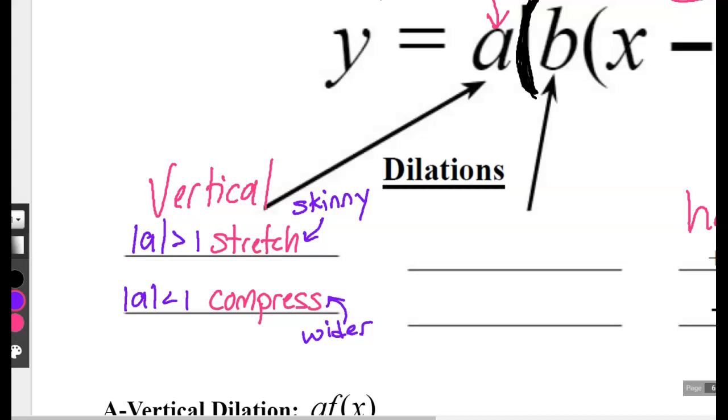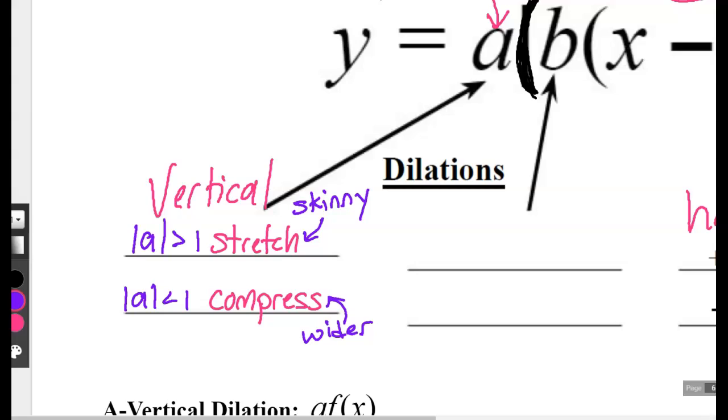Now, can anyone take a guess, a stab, at why the heck did I put absolute value symbols around my A's? What do you think that gets rid of? Absolute value. What does absolute value get rid of? If I had the absolute value of negative 4, what would you tell me?